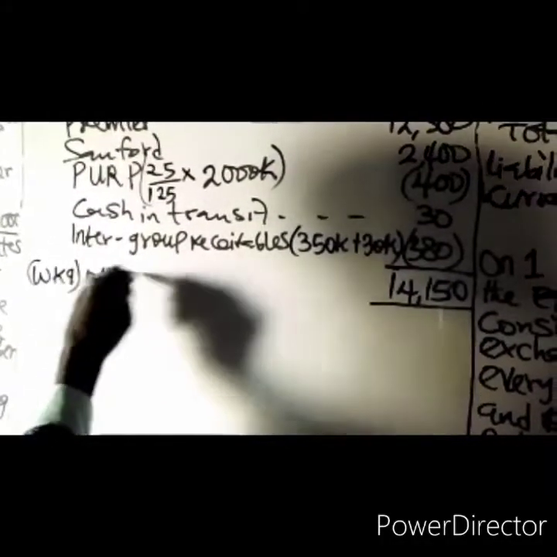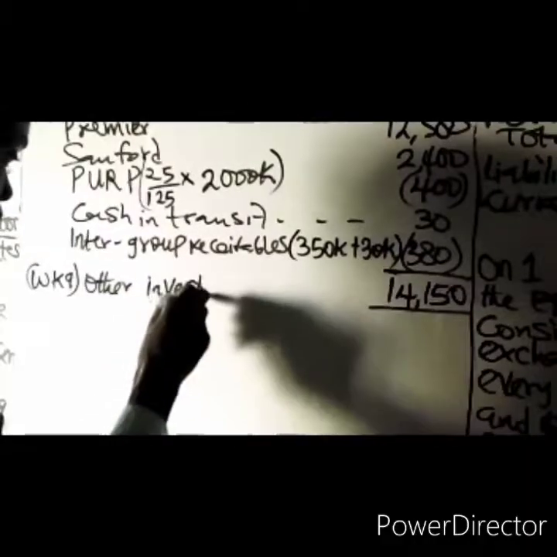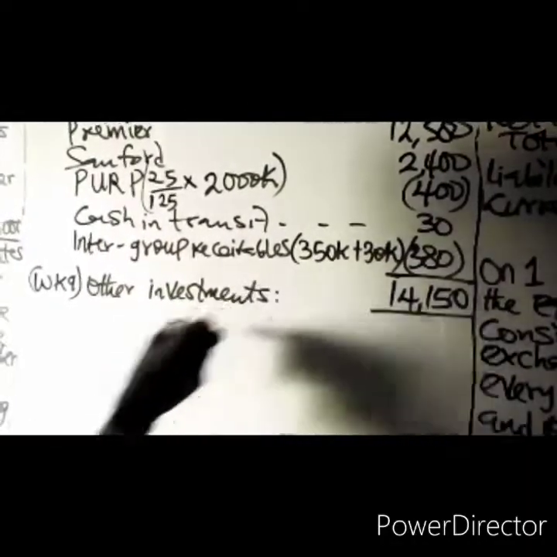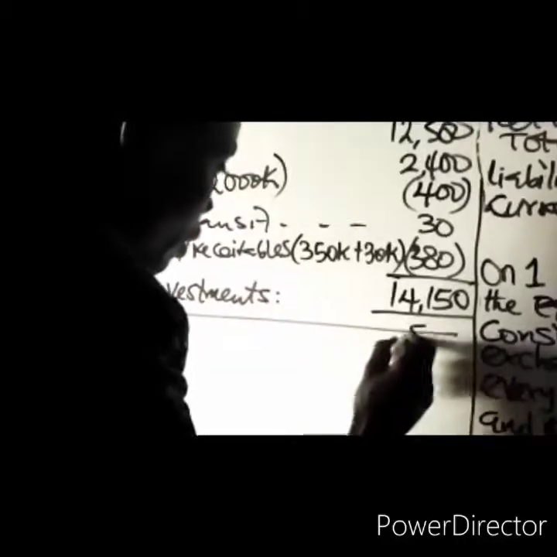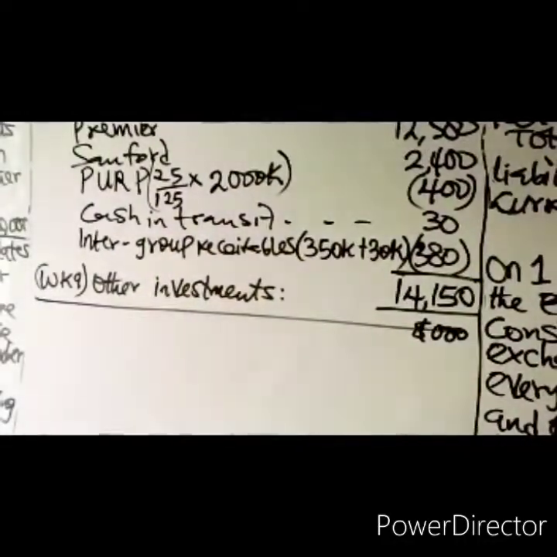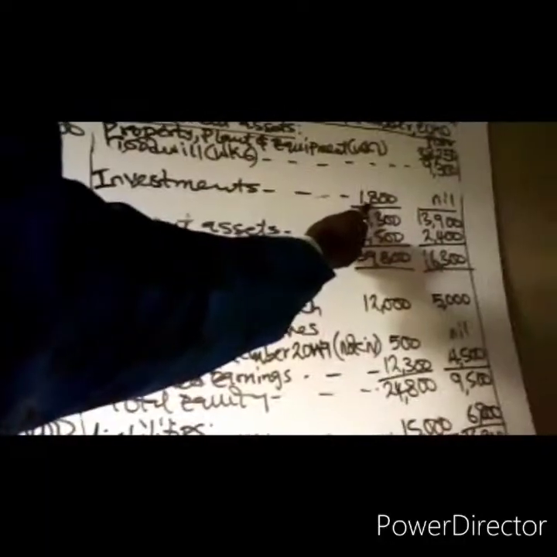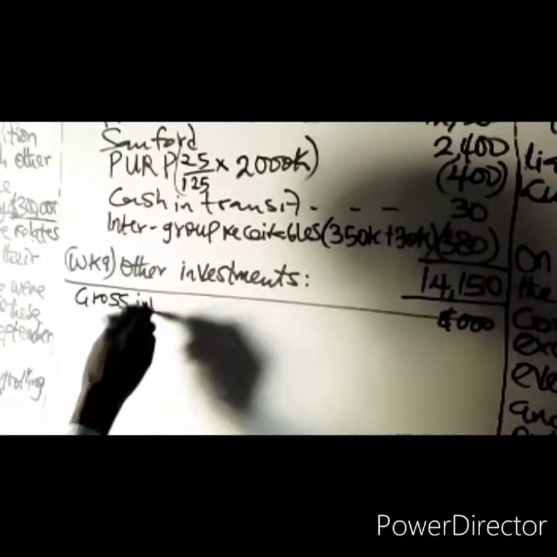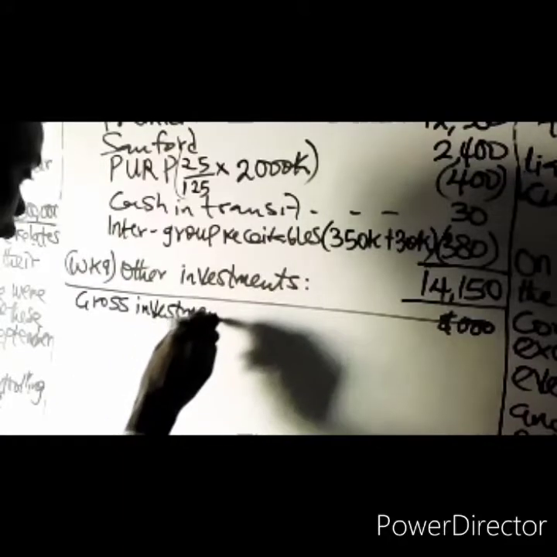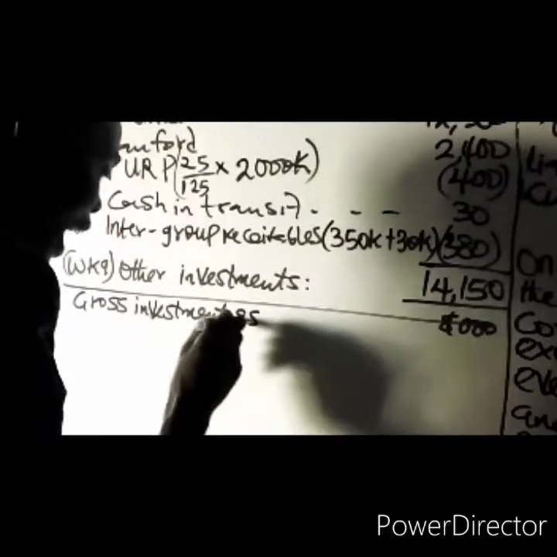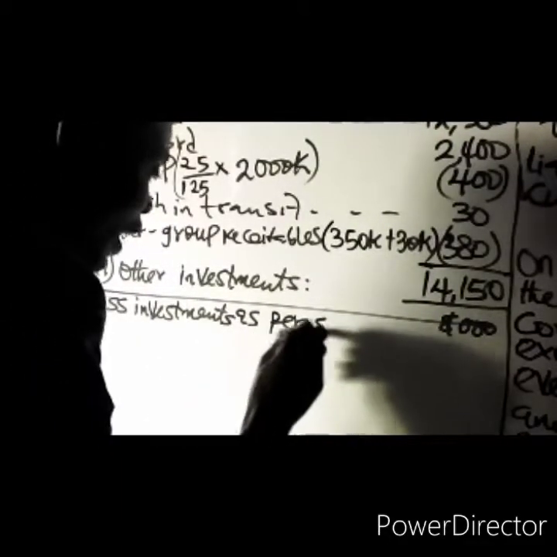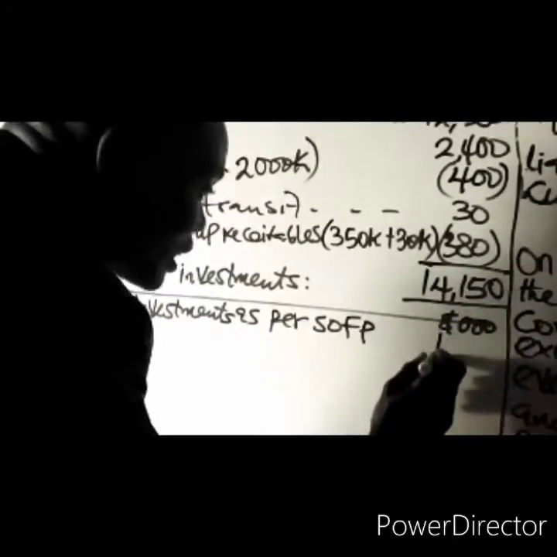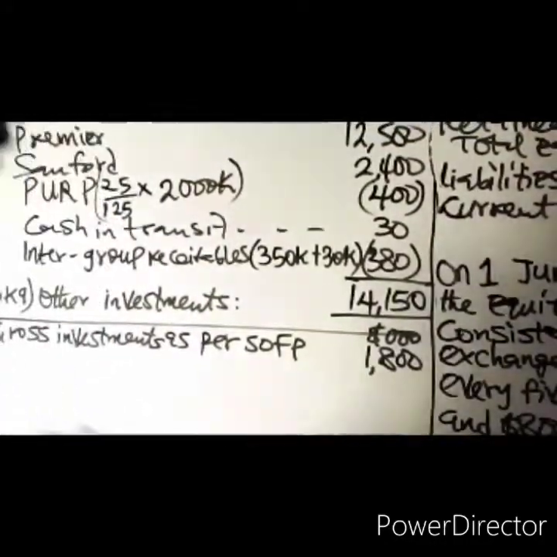Let's have other investments. Working 9. The total value of the investment as per the statement of financial position is 1,800. That is gross investment or total investment as per statement of financial position, which is 1,800.